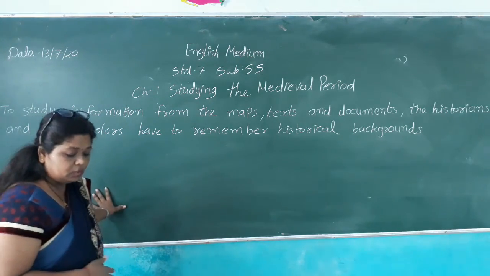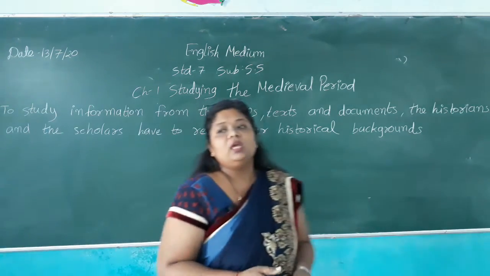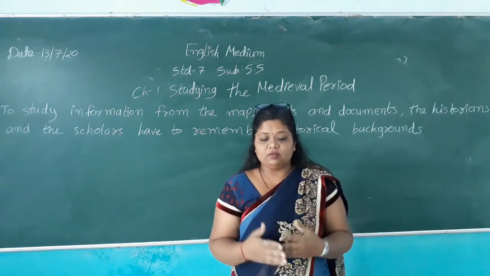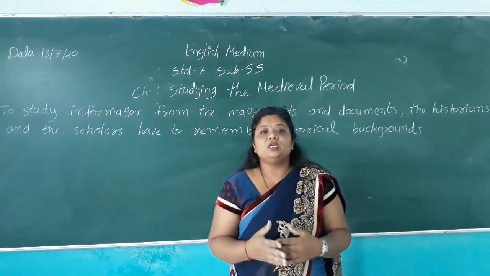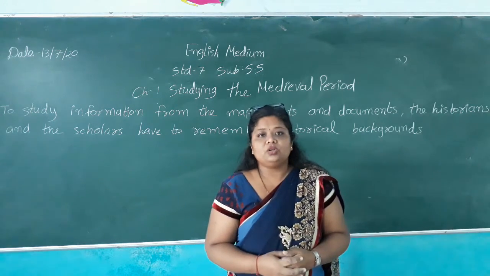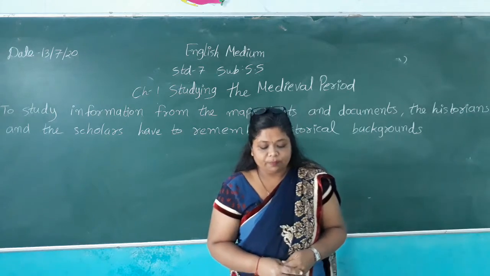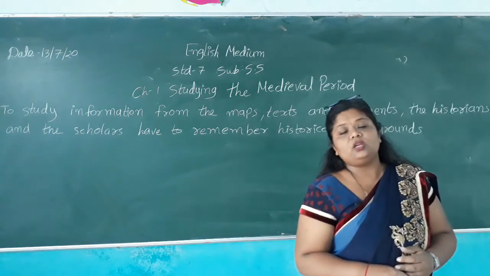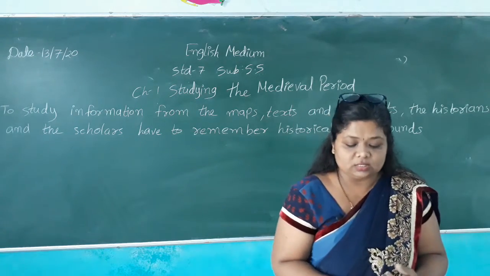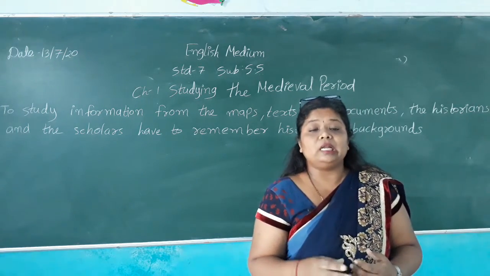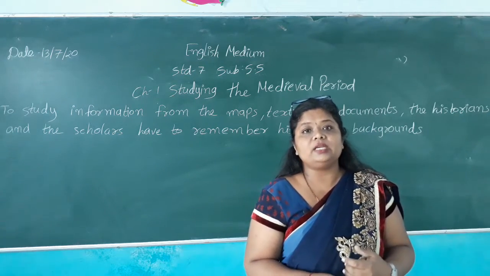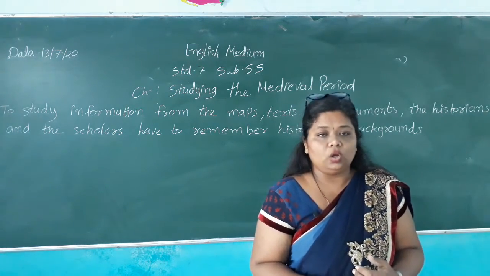Sometimes places change; a place that exists in one map may not exist in another. Sometimes the rivers and the location of a region can change. For example, Kalinga, which was in present-day Odisha, no longer exists.